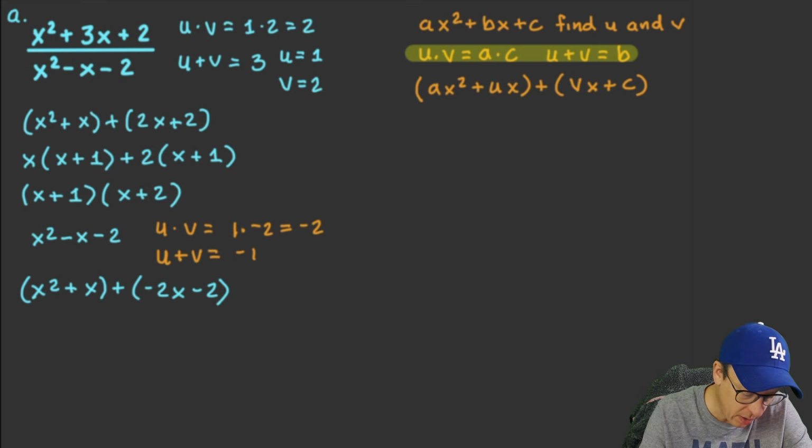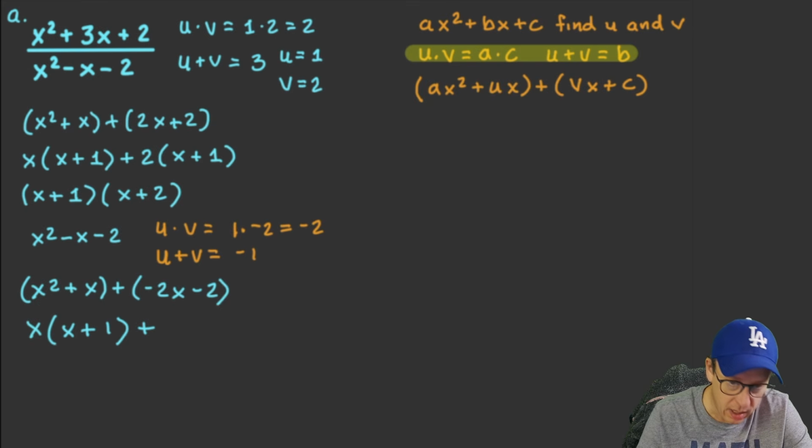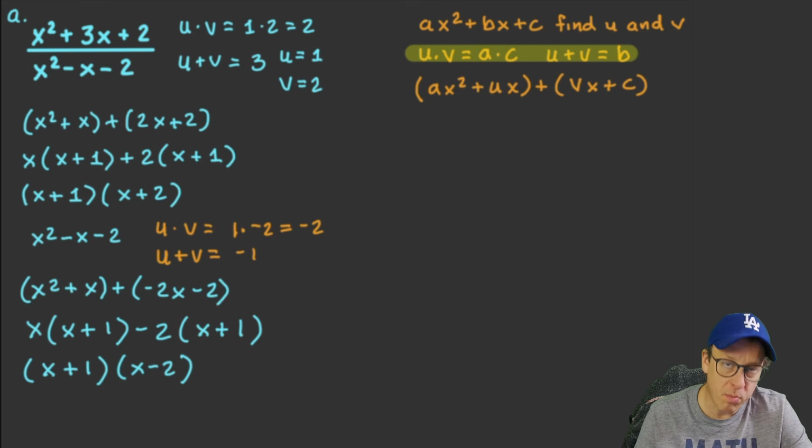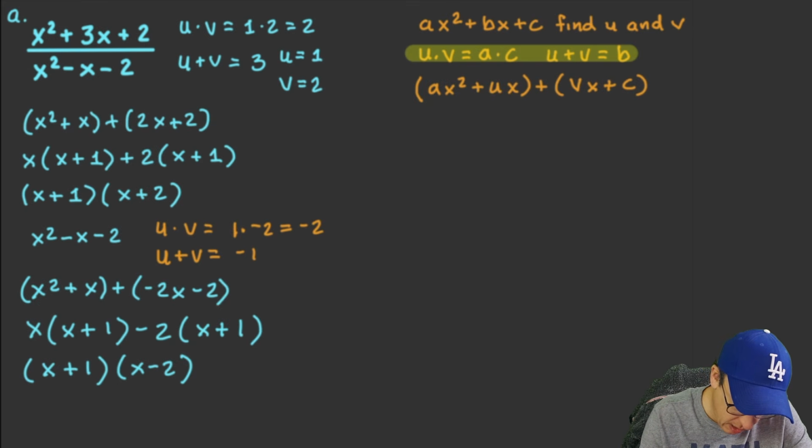Factor out the x and the 2. x plus 1, and negative 2, x plus 1, and then we'll further factor. Let's just put x plus 1 and x minus 2, and then we can combine this with what we have right here.